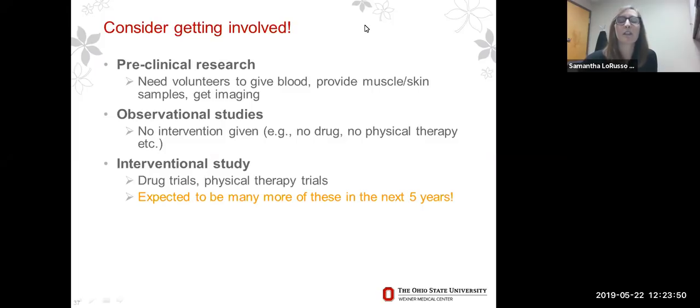Then there are observational studies, which we'll talk about one in a second, where there's no clear intervention given, but patients are usually watched over time. And then there are interventional studies where people are given drugs or even physical therapy, and then you look at the outcome. The exciting thing is that there are expected to be many more of these intervention type studies over the next 5-10 years.